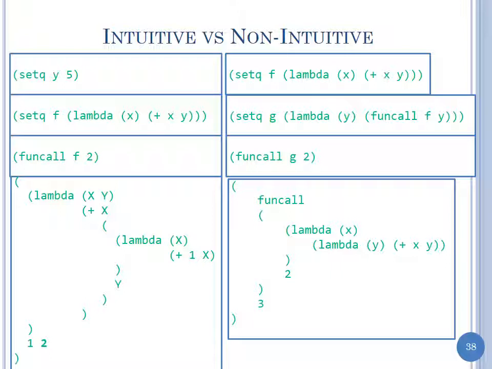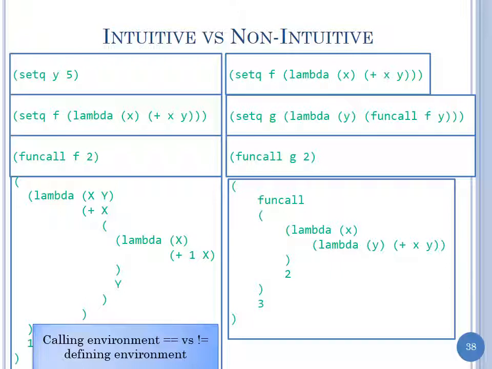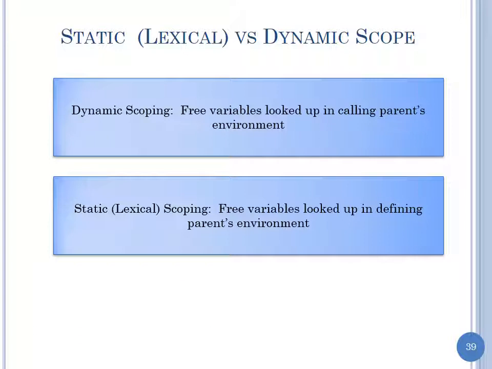And indeed with higher order, when you have function returns, that is when the problem can occur. But you can also have problems when you're called by a function that overrides the variable in the global environment, in the defining environment. So it's intuitive when the calling environment is the same as the defining environment, and unintuitive when they're different.